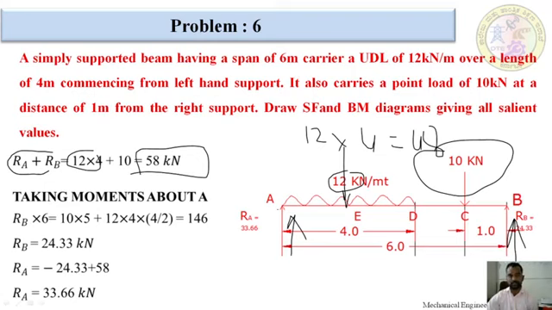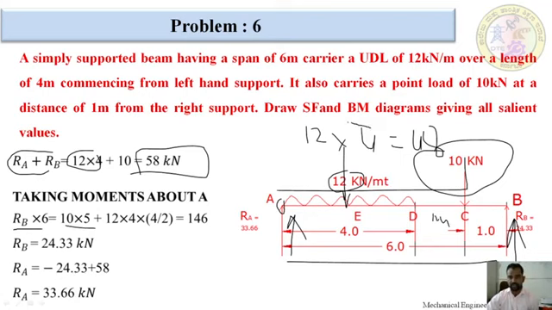After that, I want to find out RB value. For that reason, I am going to take moment about A point. When the word moment comes, we have to do force into distance. This is upward force into this distance. Upward force is RB into 6, equal to downward force into this distance. How much? 1 meter, 1 plus 4 is equal to 5. Total is 5.